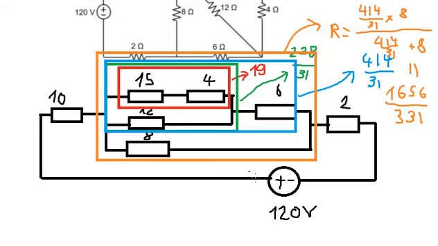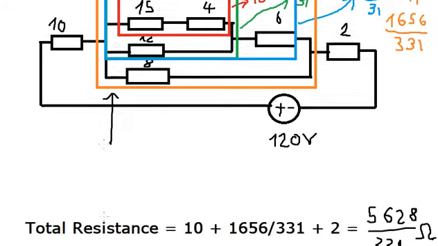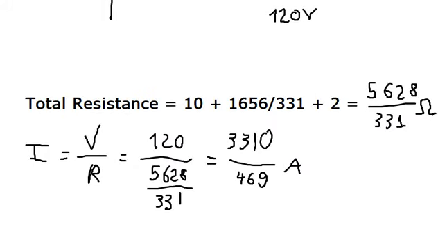Now we know that number 10, the orange, and number 2 are in series in here. So they will get the same value, the same current. So the orange current should be this number in here.